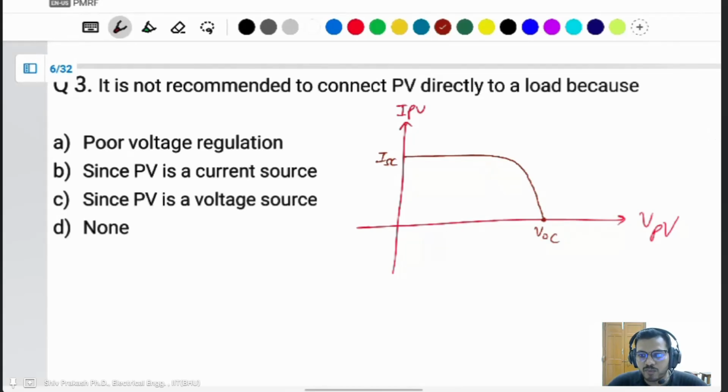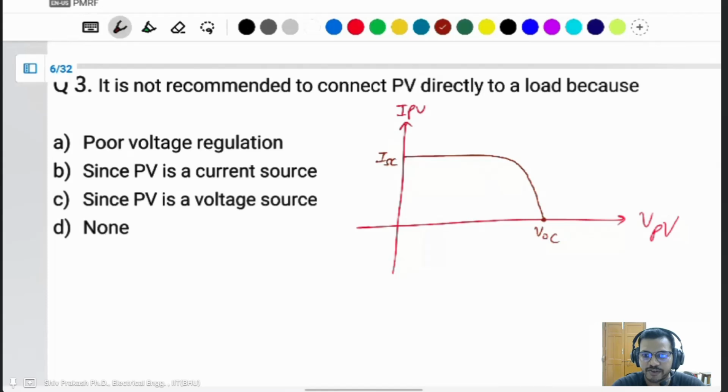Suppose a load has some voltage requirement. It may be more than the open circuit voltage of the PV panel, and it will reduce the voltage of this one also. But a load has a fixed operating voltage. You can't take a variable voltage like that. For any load like a DC fan, there is a range of voltage, like 120 volt to 150 volt.